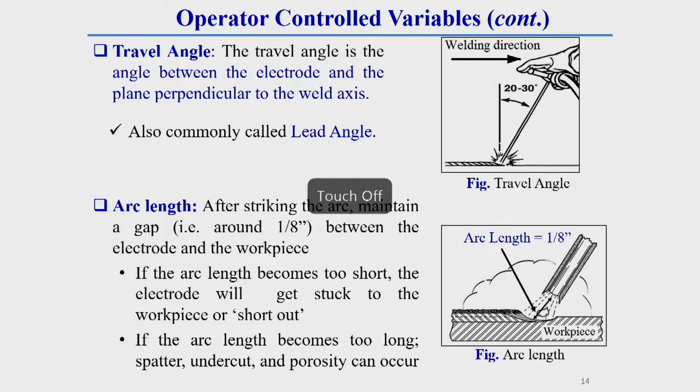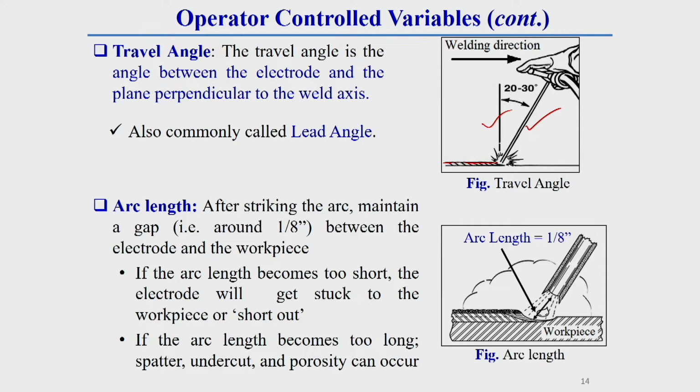Now, travel angle. Travel angle is the angle between the electrode, you see this is the electrode, and the plane perpendicular to the weld axis. You see this is the weld axis.